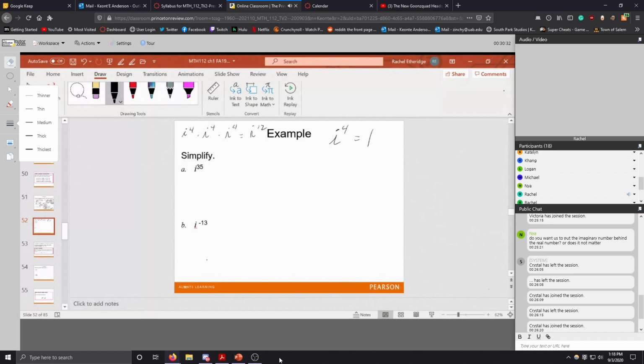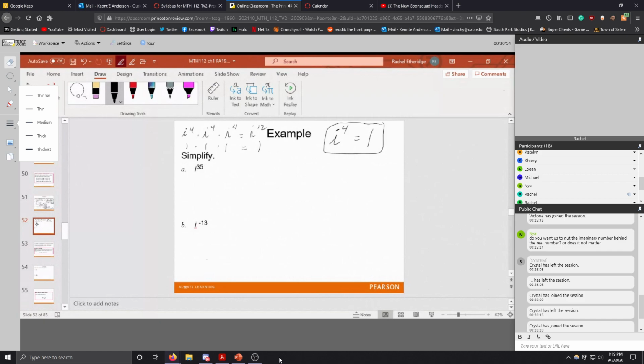Everybody agree to that? So that's 1 times 1 times 1. So this one's real helpful if we break down imaginary numbers that have high exponents, because what we want to do is break it down in terms of i to the 4th and then whatever's left over.